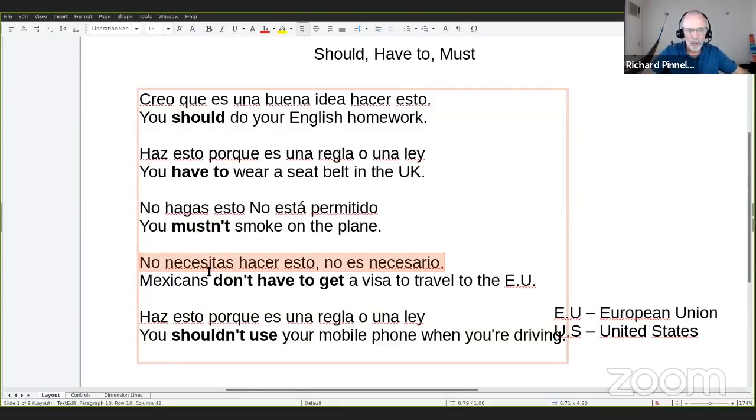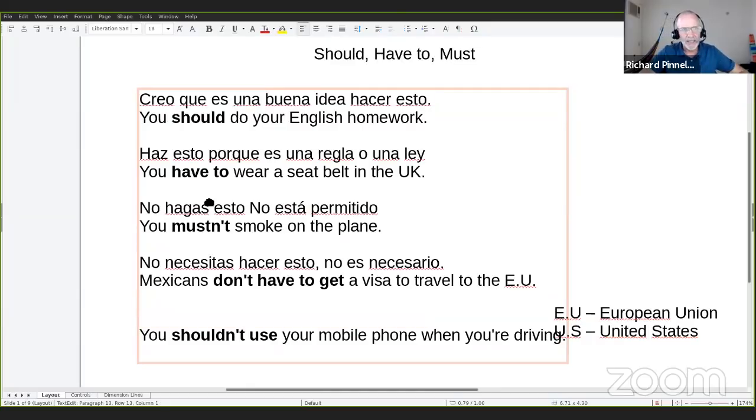Y cuando hablamos de una cosa que no es necesario, usamos el negativo de have to, que es don't have to. Y finalmente, cuando crees que no es buena idea hacer esto, el último es como el negativo de should.